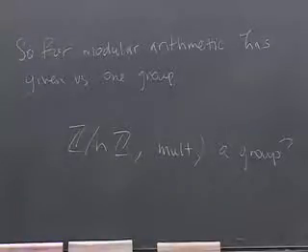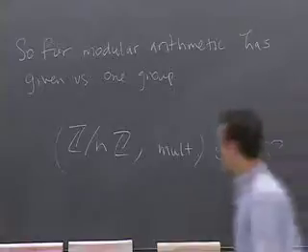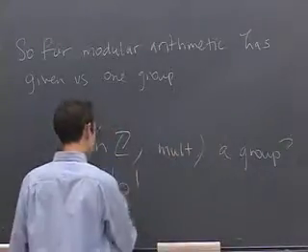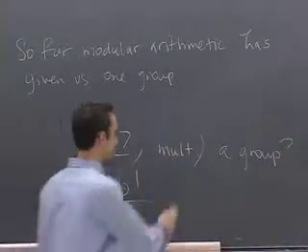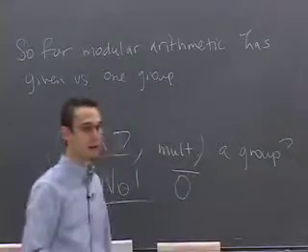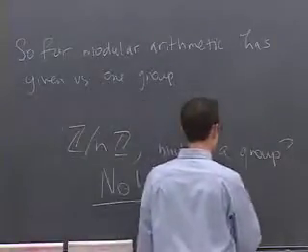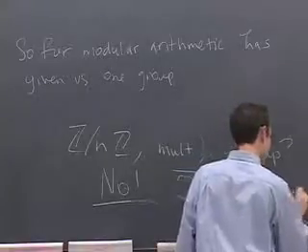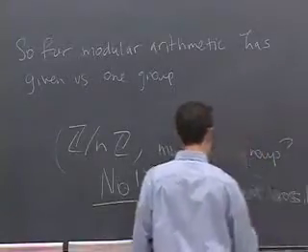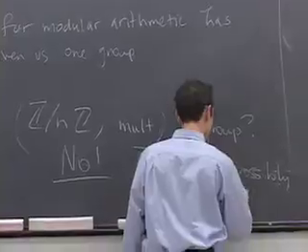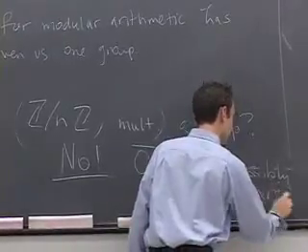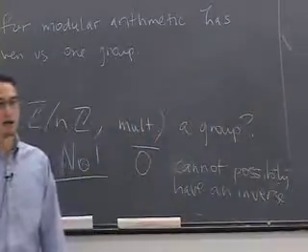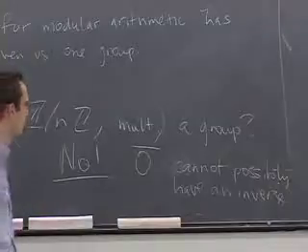Right, so this is definitely not a group. No. Because, for instance, 0 bar cannot possibly have an inverse, because anything that you multiply it by gives you 0.